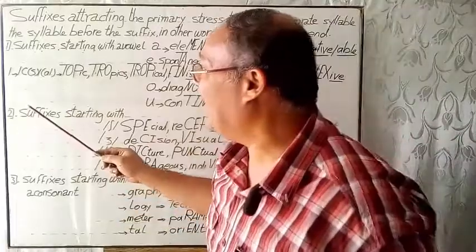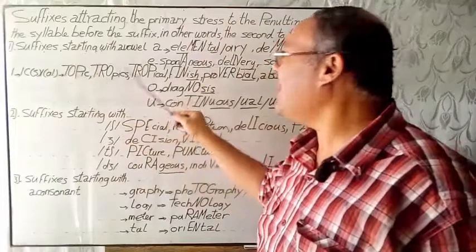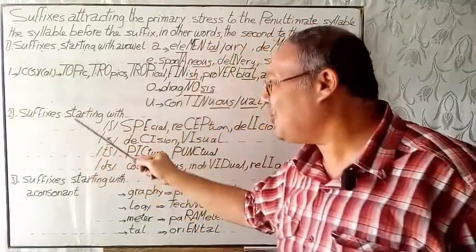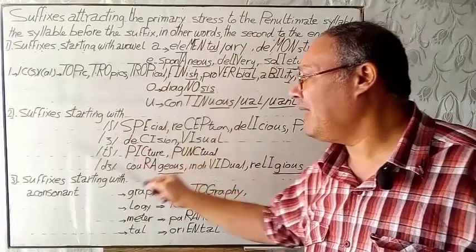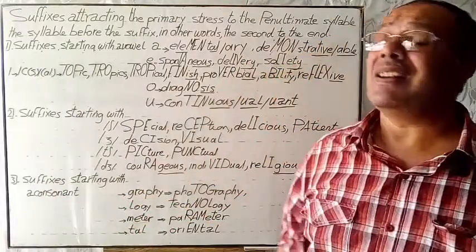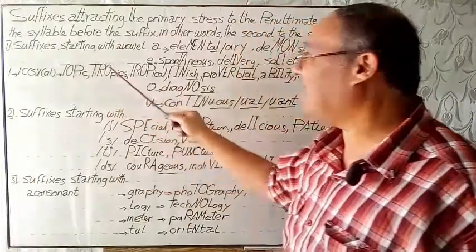The first of which is suffixes starting with a vowel. Two, suffixes starting with sh, ch, j. Number three, suffixes starting with a consonant. So let's get started with the suffixes starting with a vowel.